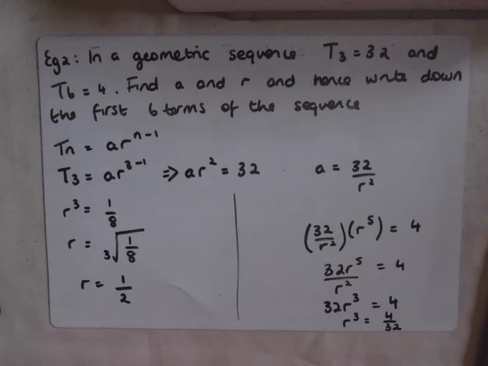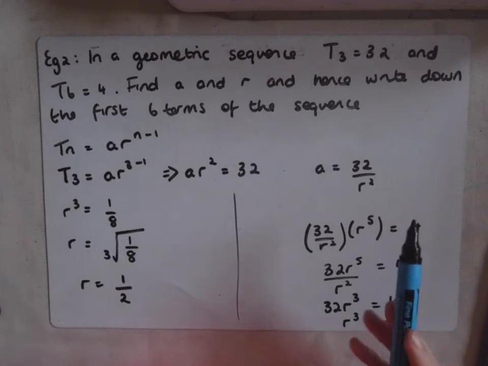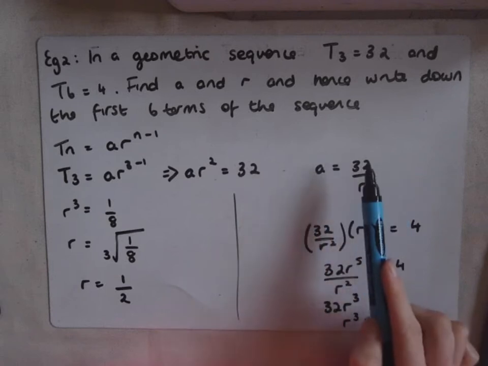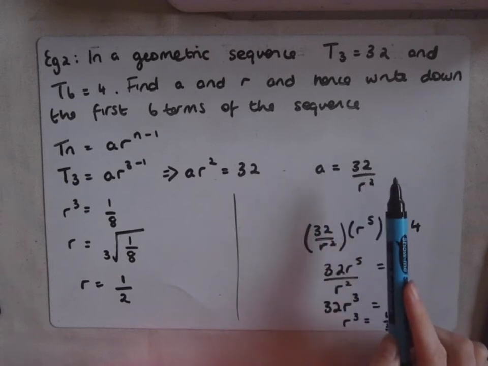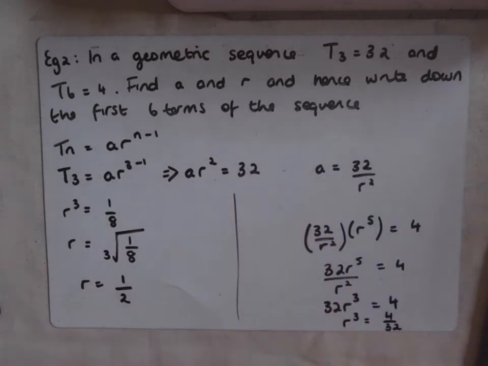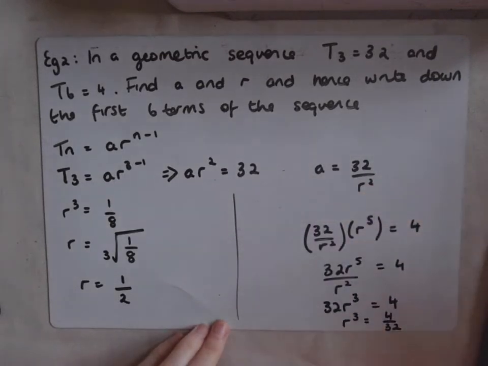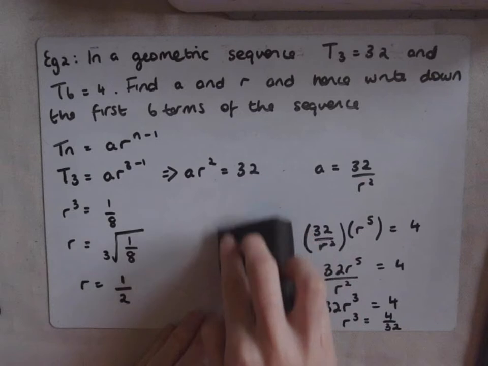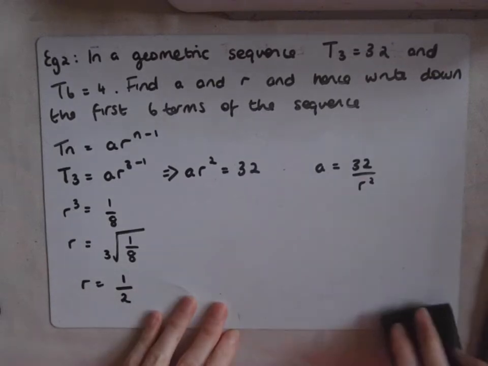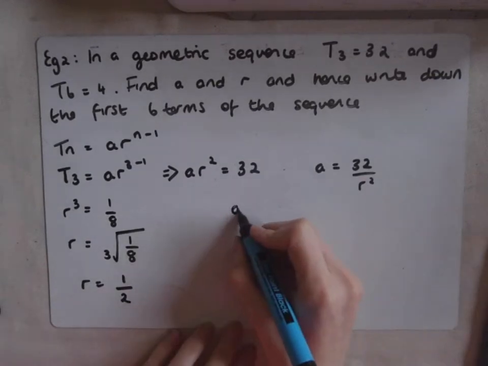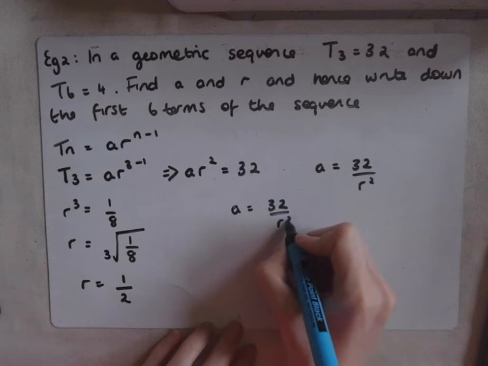And now that you know r is a half, you can go back up to one of these and fill it back in. Okay, so I'm going to fill it back into this one because I already have a on its own and I'm looking for a now. So just go back here. A is 32 over r squared.